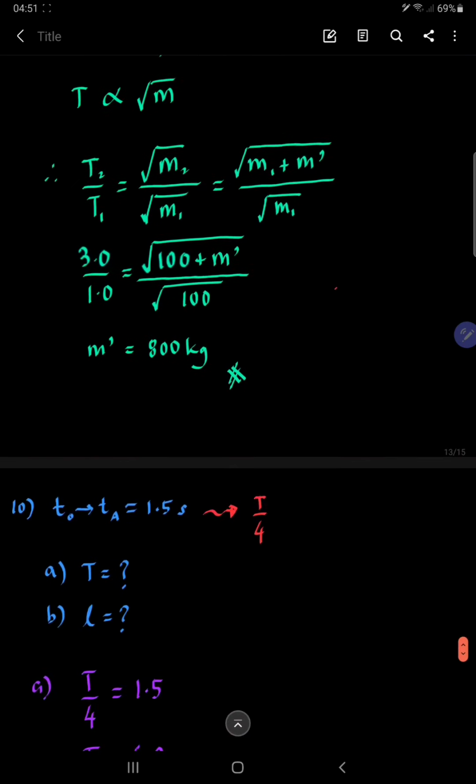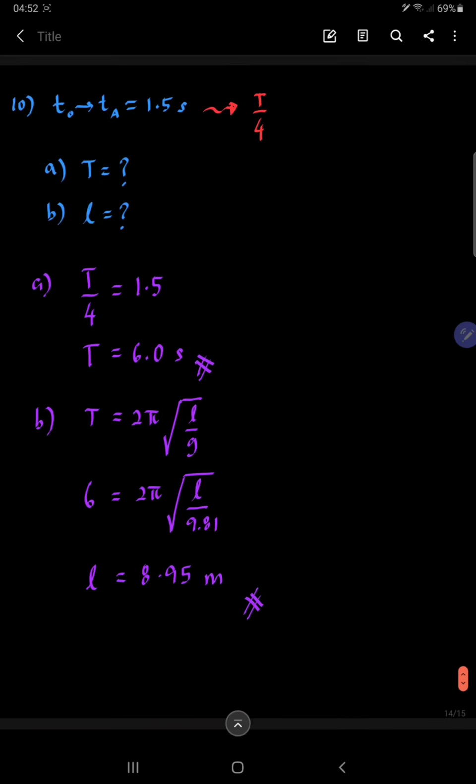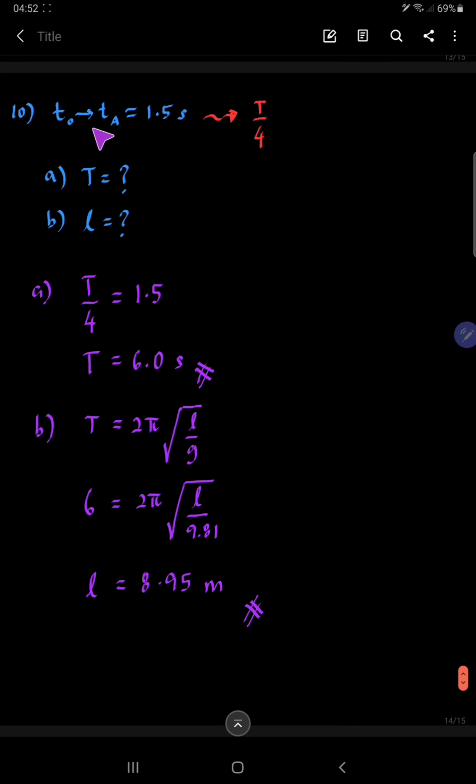From equilibrium to amplitude is a quarter of one complete oscillation, which is T over 4.